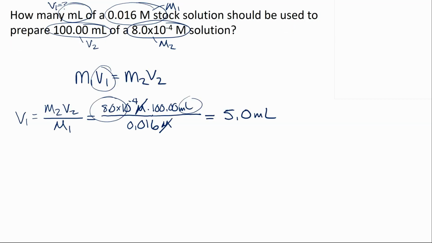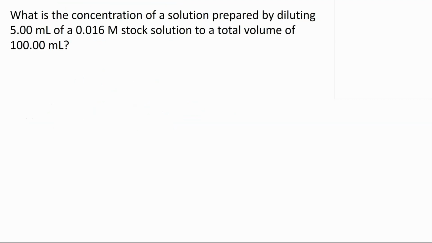Okay, so one type is trying to figure out which pipette size to use. That's what we've set up here. Another is when you actually do the solution preparation, what concentration do you end up with? So again, this is by diluting a stock solution, I'm seeing a concentration. And so it's going to be an M1 V1 equals M2 V2.